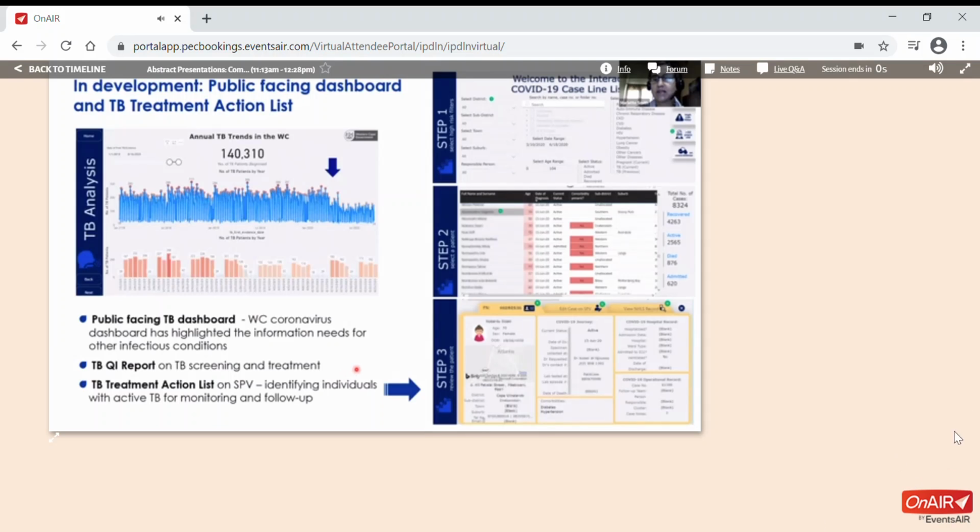Also, another development that can borrow from the coronavirus response is our interactive case listing, which we can now repurpose for TB into a TB treatment action list to identify individuals who require active monitoring and follow-up.